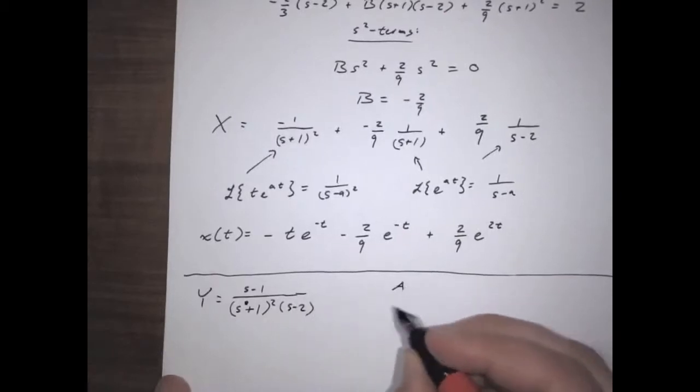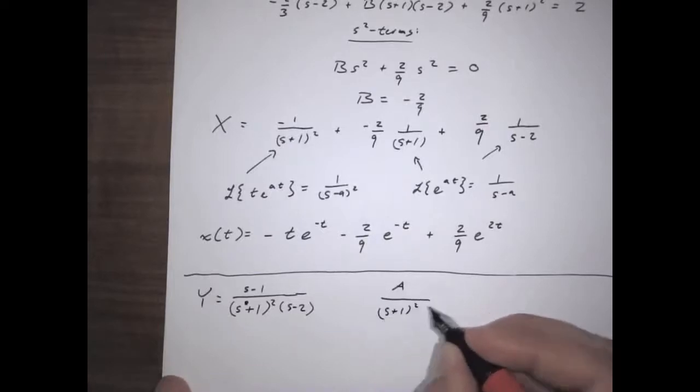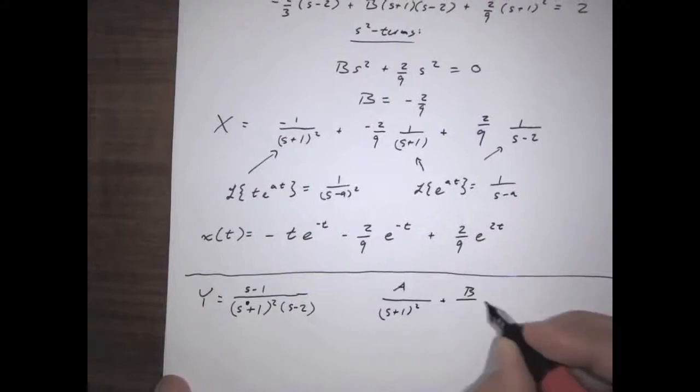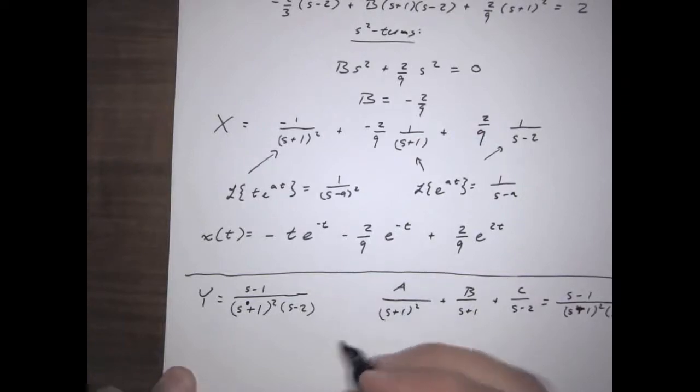And so once again, we're going to go with A over s plus 1 squared plus B over s plus 1 plus C over s minus 2 is equal to s minus 1 over s plus 1 squared times s minus 2, which gives us the same basic equation as before, just a different thing on the right side.